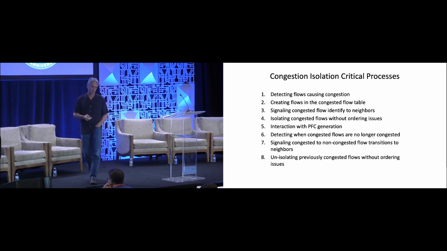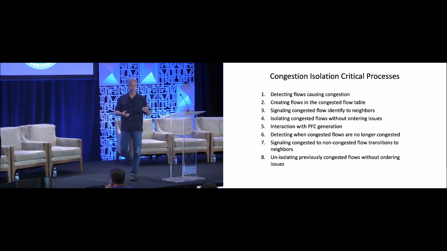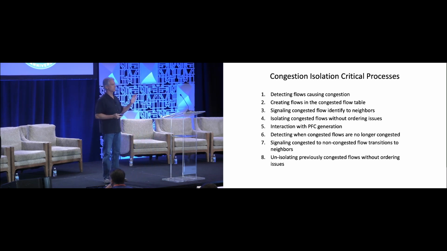So that's another issue. There's some tricky things with interacting with priority-based flow control as well, because as I mentioned, the goal would be, if I'm going to use it, I only want to use it on the congested class. However, there may be packets in flight on both queues, and so there's some complexity related to how we might interact with that and make sure we're pausing the correct traffic class.